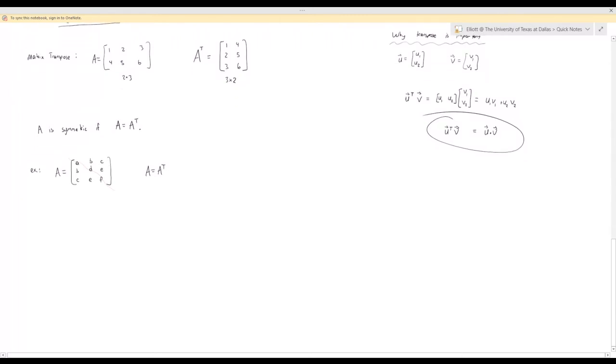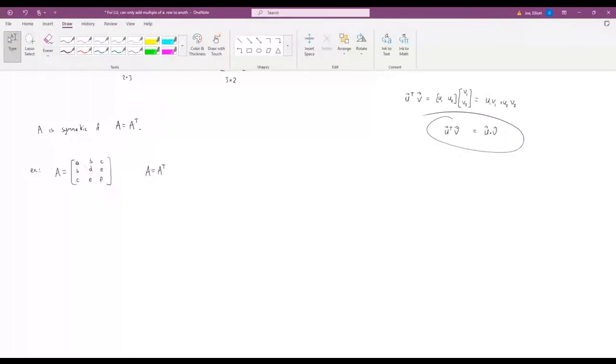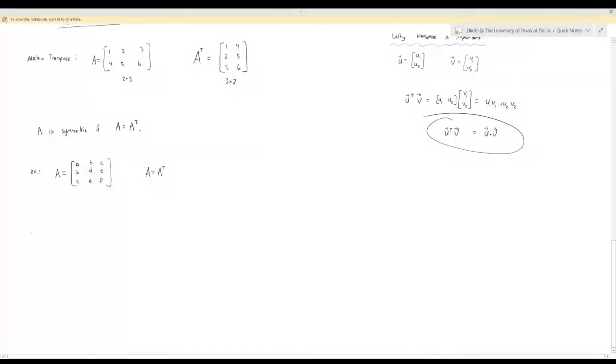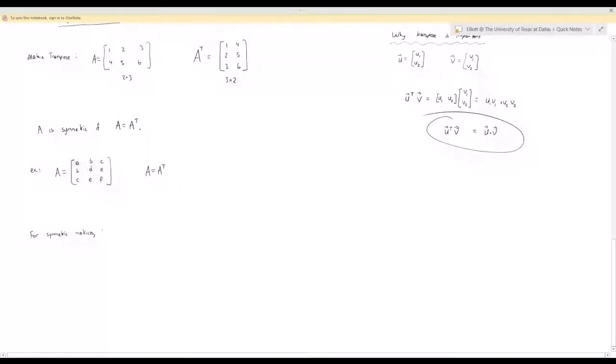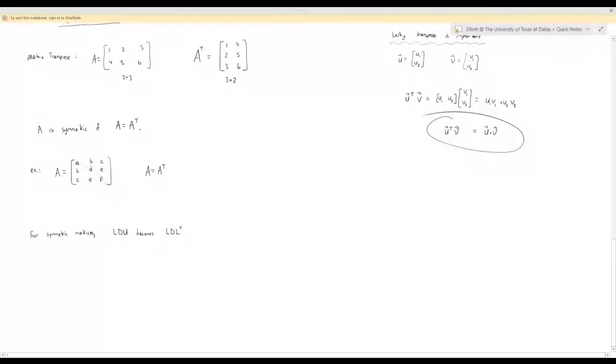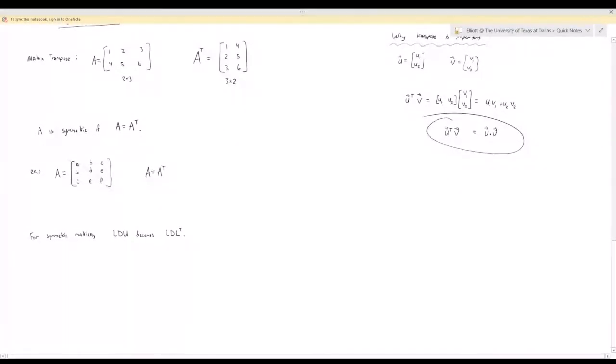And for symmetric matrices, something special happens in the LDU decomposition. So I'm going to highlight that in an example. What happens is that the LDU decomposition becomes an LDL transpose decomposition.